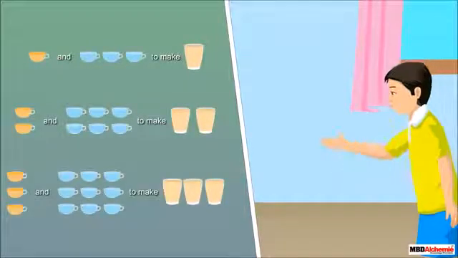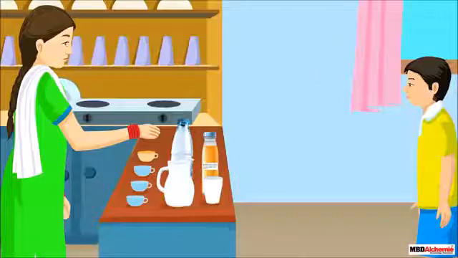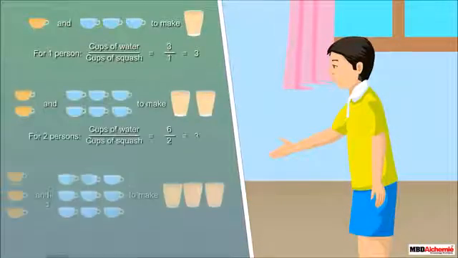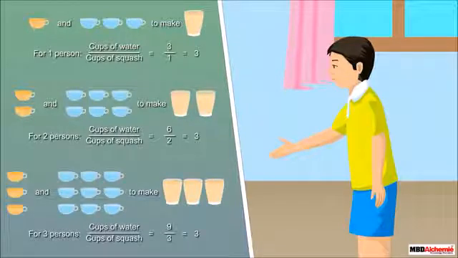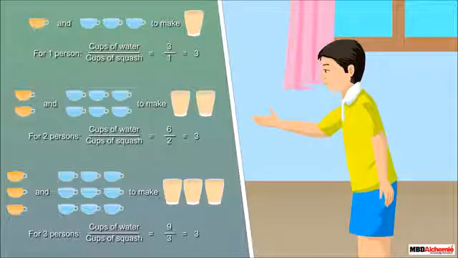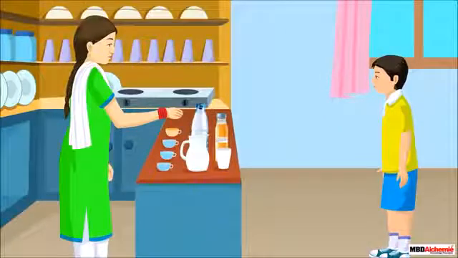Here, the quantity of water we have added is 3 times the quantity of squash. How did you find it out? If we divide the number of cups of water by the number of cups of squash, we get 3 each time. Mummy, it is denoting 3 times 1. Correct.